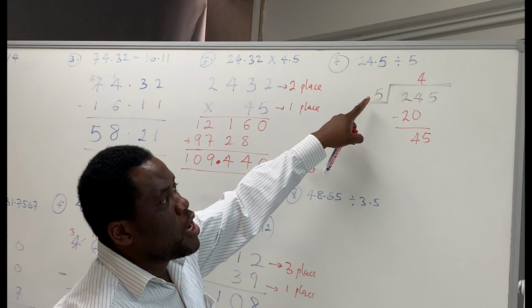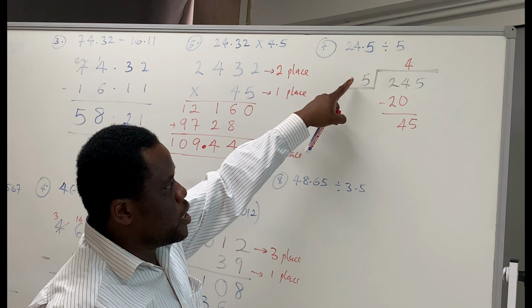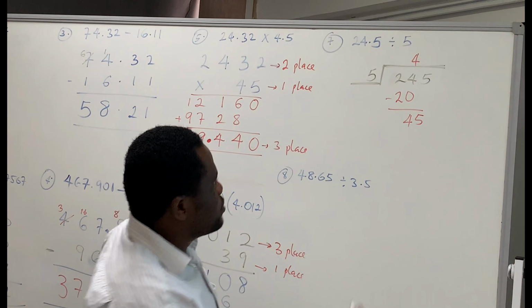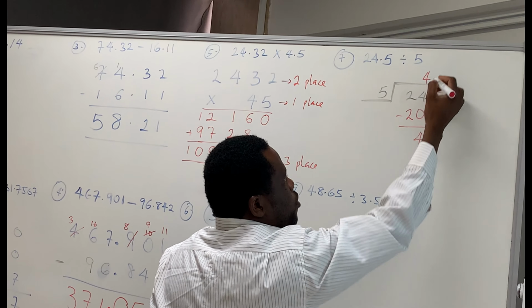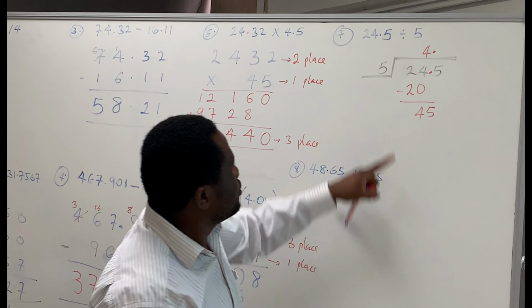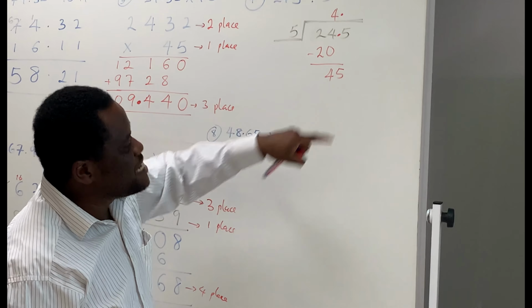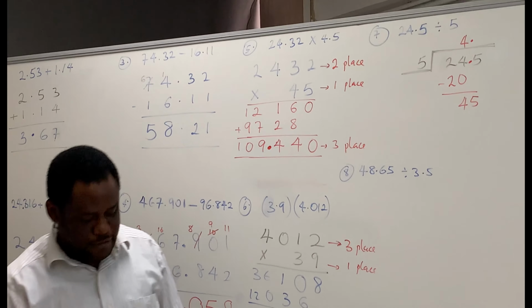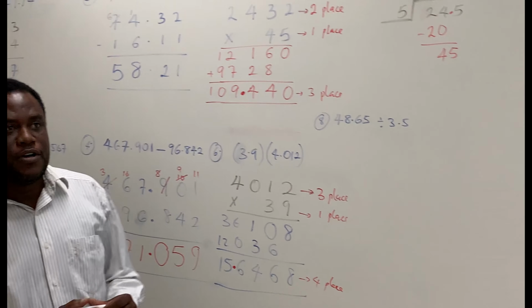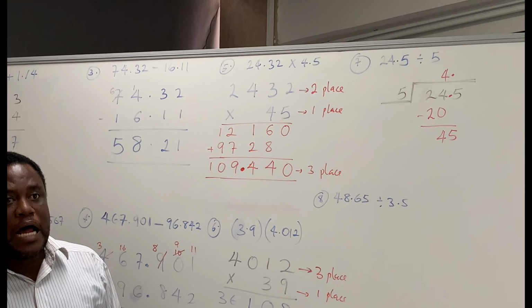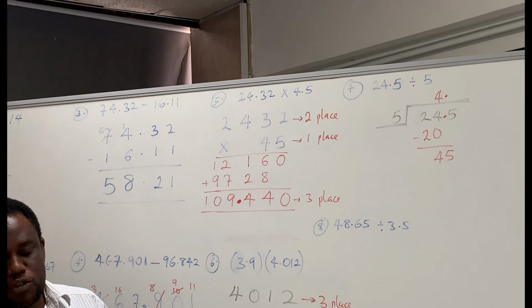So, let's put the point there. Now, 5 is 45. That should be 9.